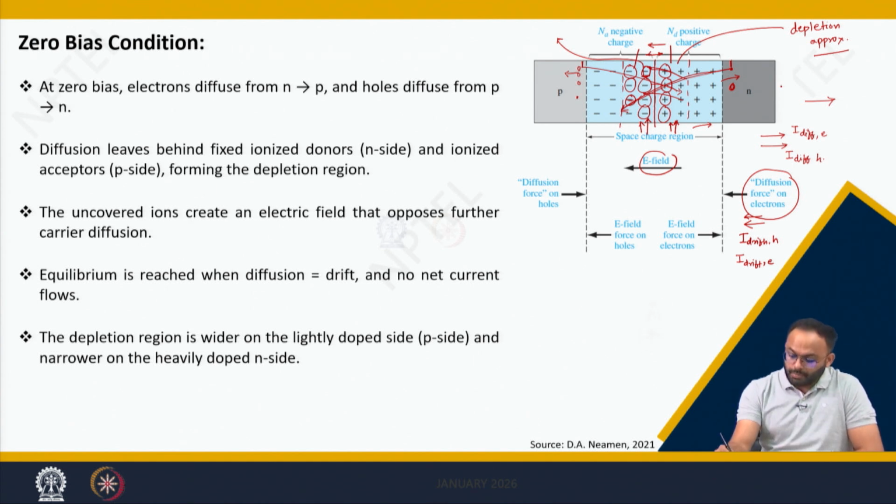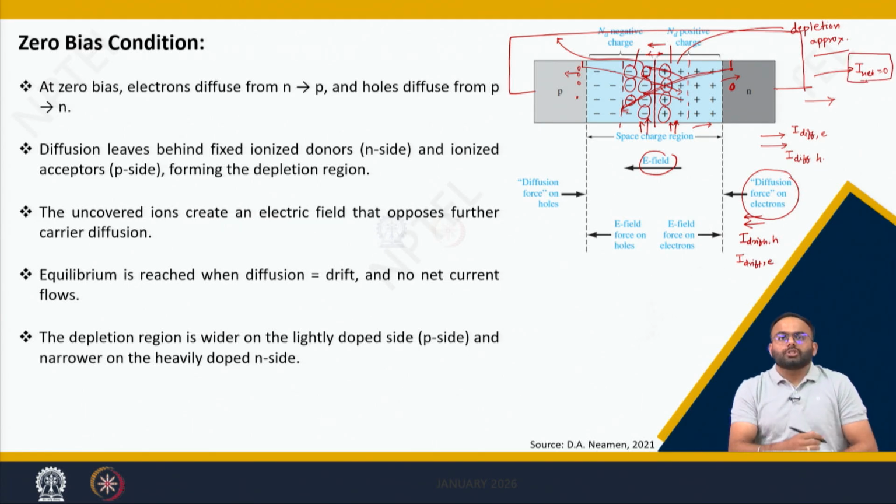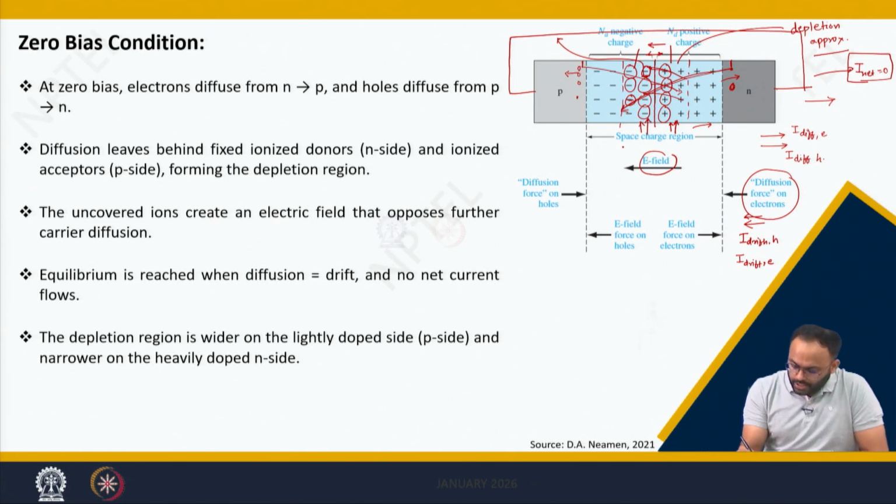So equilibrium is established, and whether the outer leads are shorted or open, there is no current. So I net will be 0. There will be a charge balance, which says that the diffusion of holes and electrons is exactly counterbalanced by the drift that exists here. This region is known as the space charge region or depletion region.